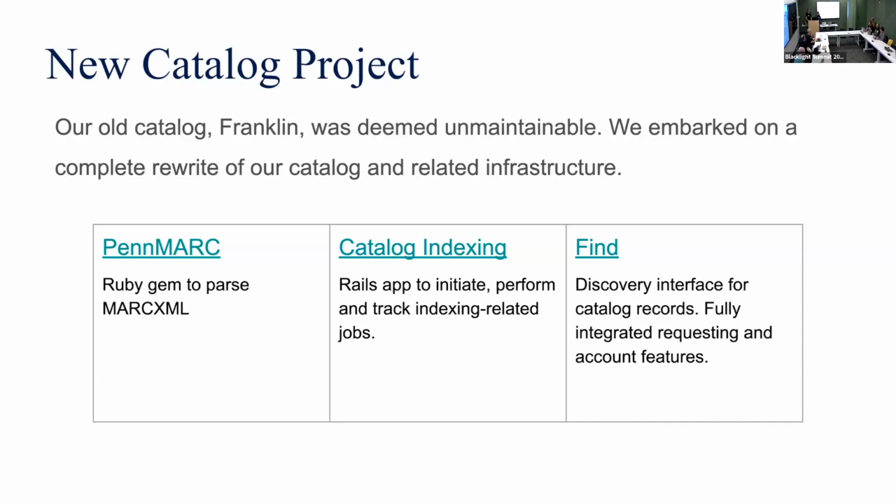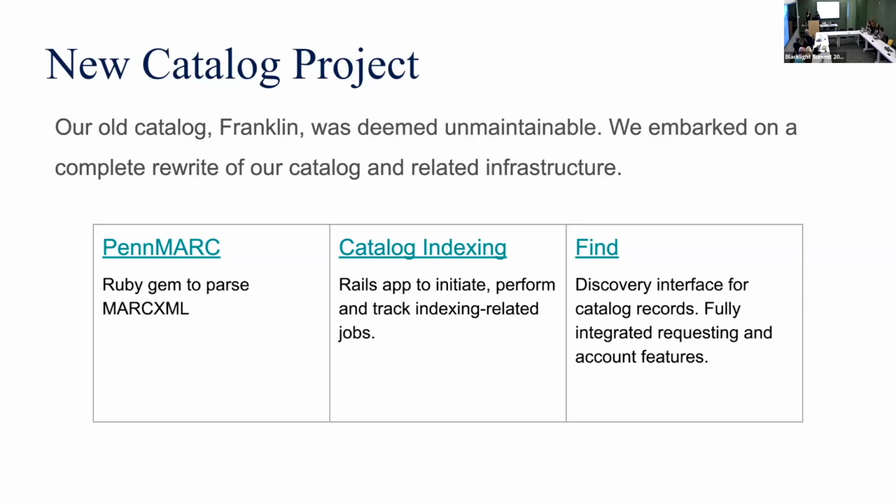This is made up of three pieces. The first is Penn Mark, which is our Ruby gem that parses our MARC XML. Previously, we just had a big file with a bunch of helper methods that parsed MARC, and this has allowed us to standardize it and deploy it to multiple of our applications, which is great. We also have catalog indexing, which is a separate Rails app that initiates, performs, and tracks our indexing related jobs.